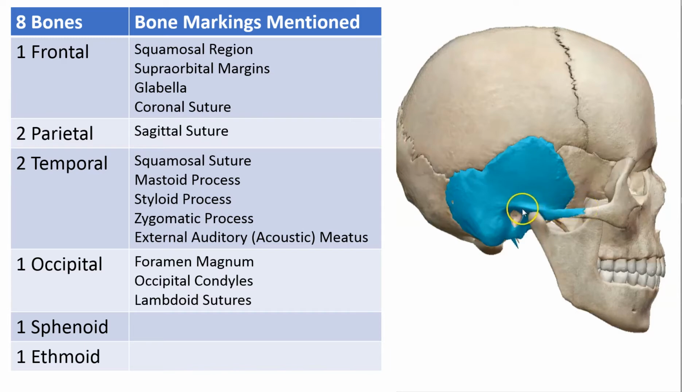The final marking that you should be aware of is this little hole right here. This is called the external auditory meatus, or sometimes the external acoustic meatus. If we had muscle and skin on this skull, what you'd see is that the ear sits right here. And you know how there's the ear canal that connects the inside of the ear to the outside of the body?